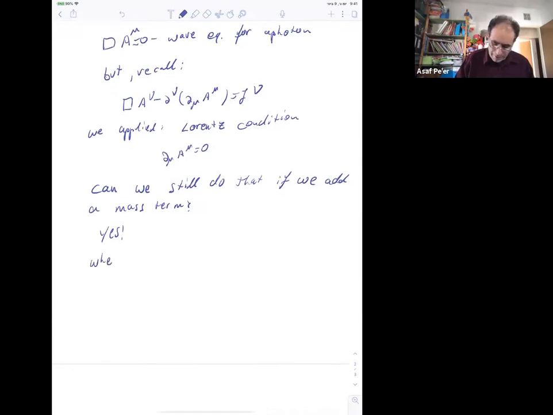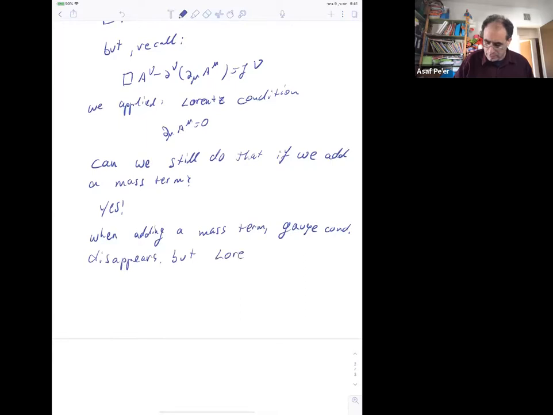When adding a mass term, we find out the gauge condition disappears, but the Lorentz condition holds.